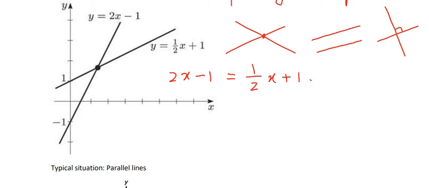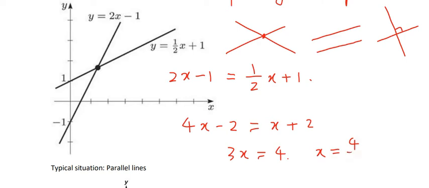We don't like this half, so we multiply by 2. We change this to 4x minus 2 equal x plus 2. Then we move x over, 3x equals 4. So x equals 4 over 3.